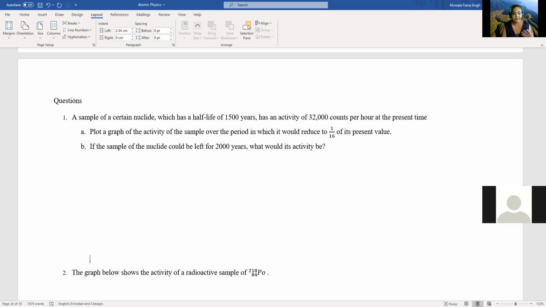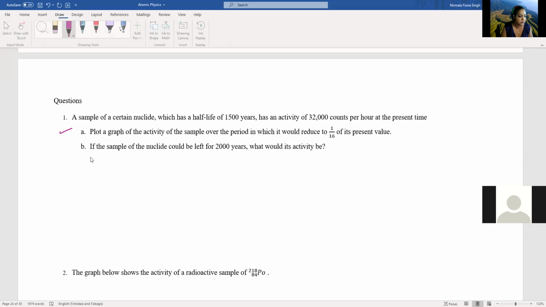When it starts to break down, that amount of counts is going to decrease because we have less and less active nuclei present. So we first want to plot a graph of the activity of the sample over a period in which it would reduce to 1/16 of its present value.